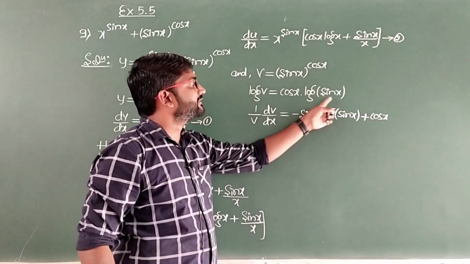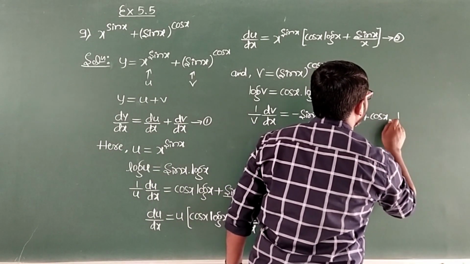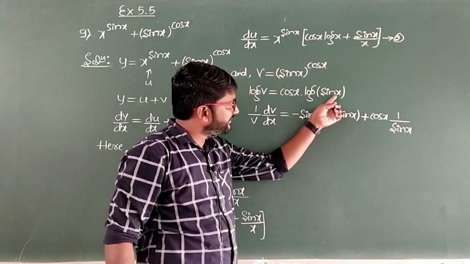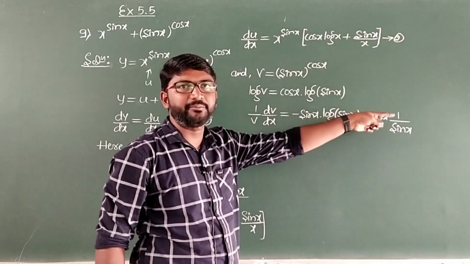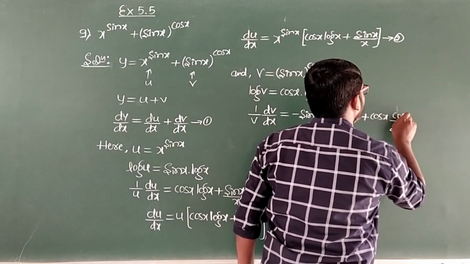Now the derivative of log sin x, under the log x form, will be 1 by sin x, and the derivative of the inside function, the derivative of sin x, will be cos x. I will be writing that in the numerator.